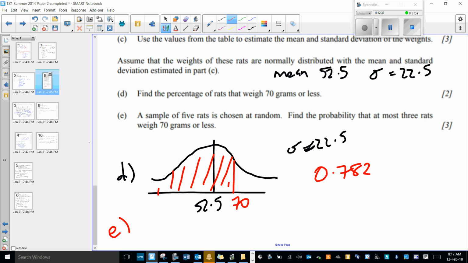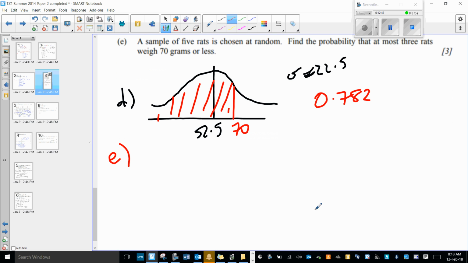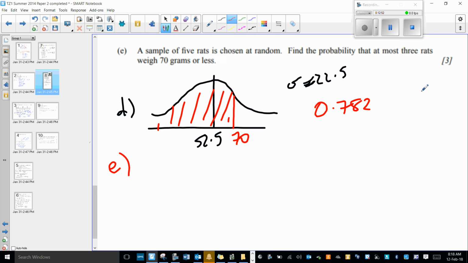A sample of 5 rats chosen at random. Find the probability at most 3 rats contain 70 grams or less. Okay, so we can use our calc here. So this is a binomial distribution question.